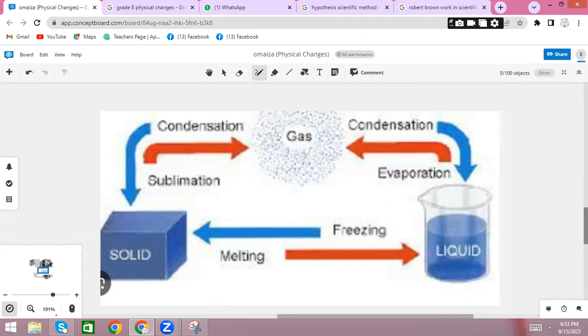These are the melting, freezing and evaporating properties. Solid to liquid is melting. Liquid to solid is freezing. Gas to liquid is condensation. Liquid to gas is evaporation. Gas to solid is condensation. And solid to gas is sublimation.